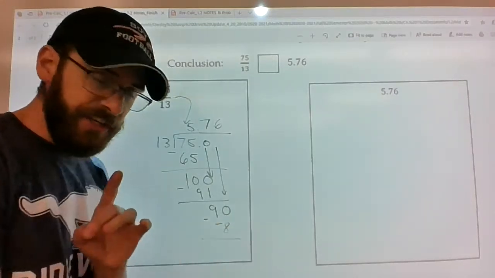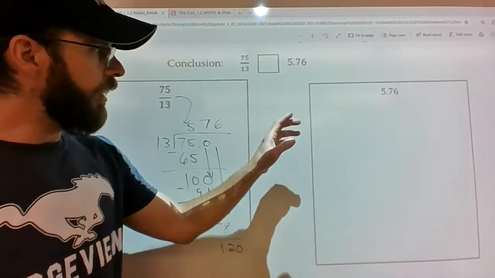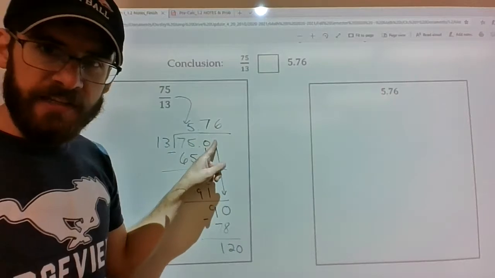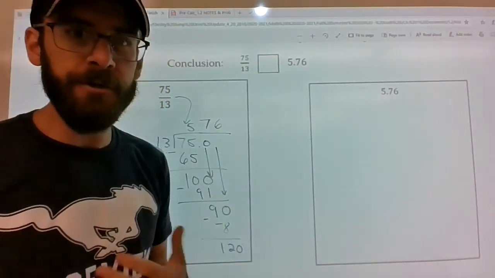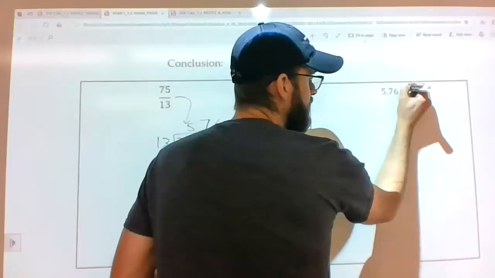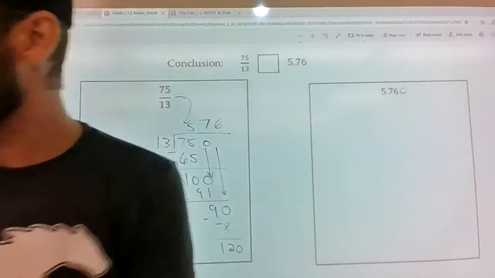And here's an interesting point. A lot of students will say, oh, it's 5.76, it's 5.76, and then they'll try to say that it's equal to each other. But here's the deal. This is 5.76 with an implied 0 at the tail end of it.